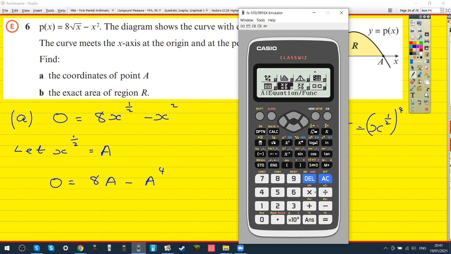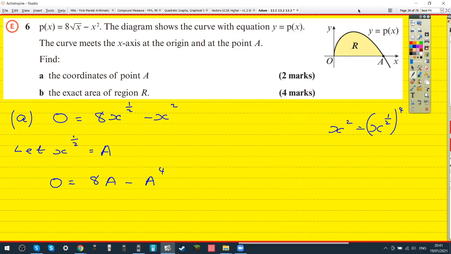Let's see. Quite unusual. Minus 1 x to the power of 4, then 0, 0, 8x plus 0. So what will this one be? I got x is 1.